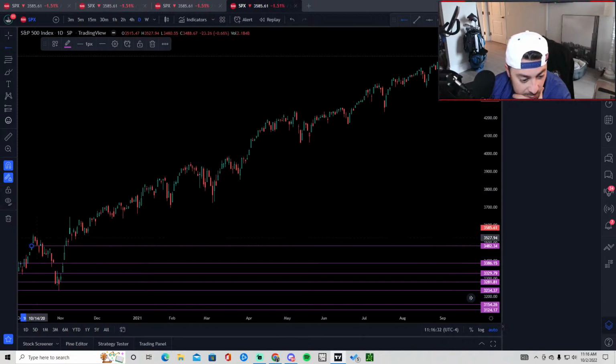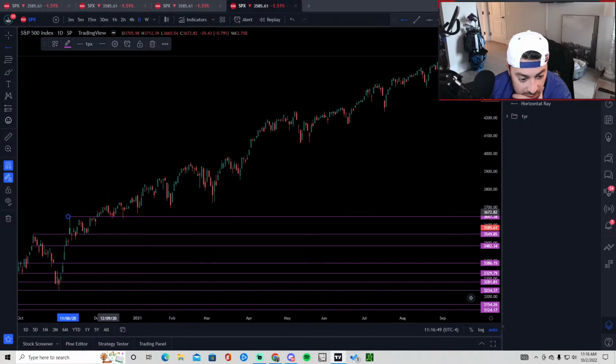So that's gonna be one. This is one. This is one. You'll see where it came back down and retested these areas.